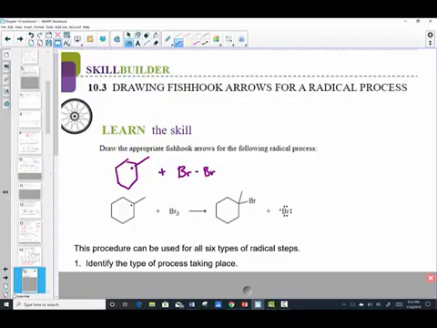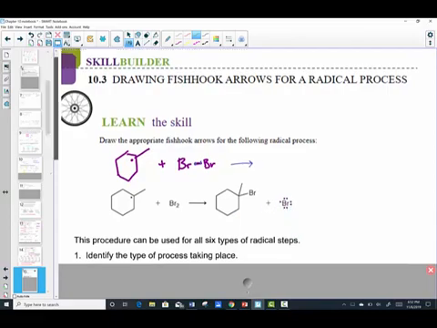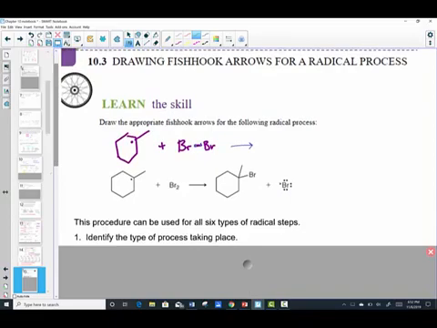To emphasize that, we can color code and make those electrons a different color. Now on the other side, what we've added on is a bromine to that cyclic structure, and the radical has become the halogen.